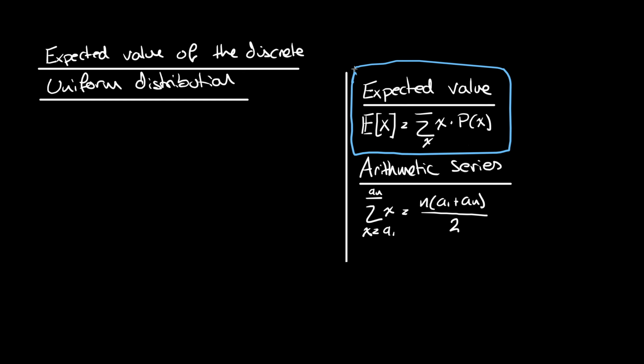This formula says that the expected value is a sum over all possible outcomes, where each element of the sum is that outcome multiplied by the probability of that outcome. You can think of this as a weighted sum. Notice that if the probability is very small for some values, then the contribution of this outcome to the sum would also be very small.